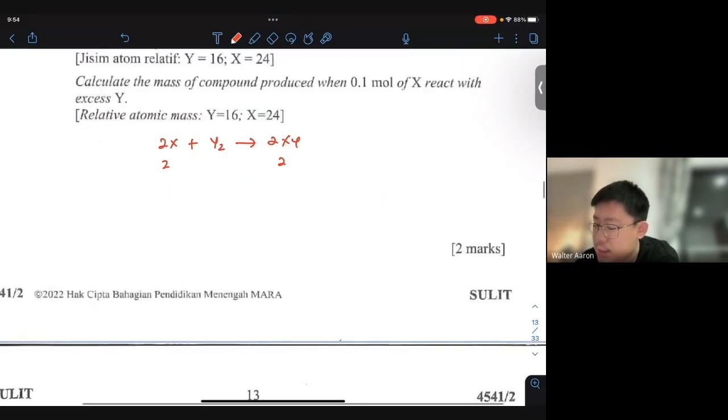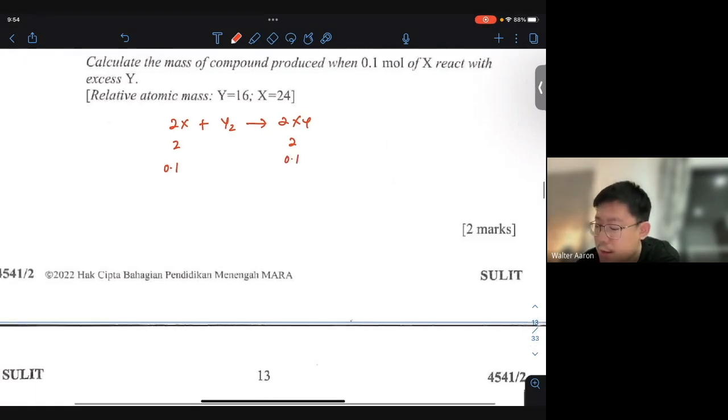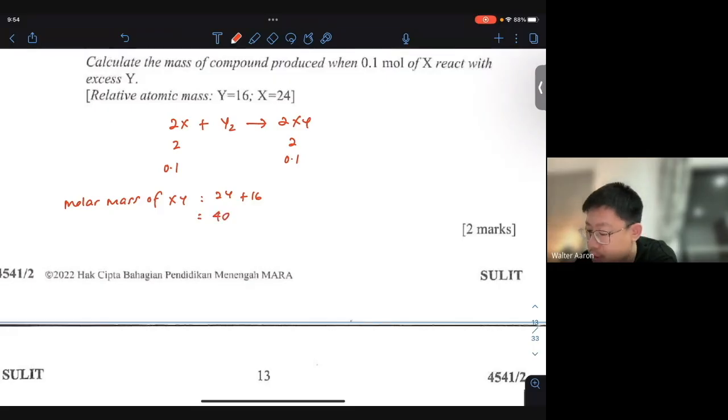So right now, if you have 0.1 mole of X, you should also get 0.1 mole of XY. So molar mass of XY will be 24 plus 16, which is 40.